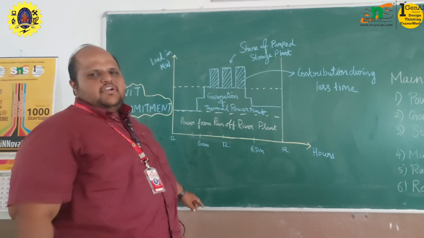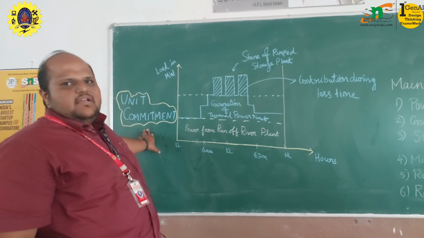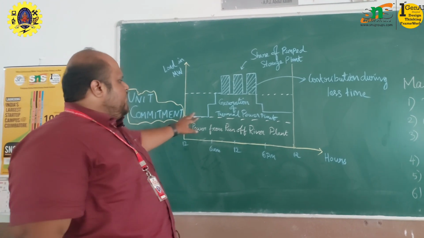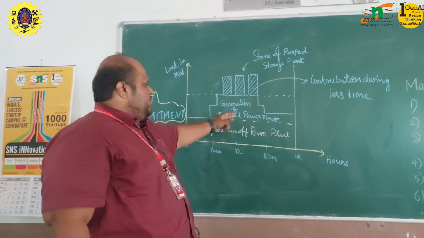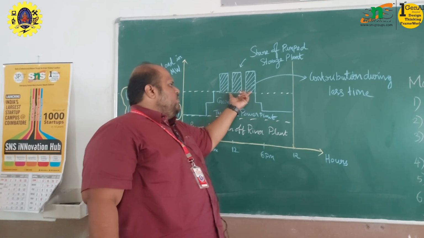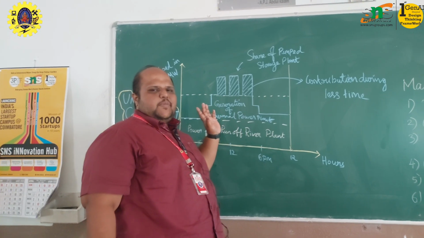So what this unit commitment tells is which type of power plant to be used at which time. Obviously the low cost power plant is used all the time, the medium cost power plant for a short time, and the very high cost power plant for very rare times. So this is what unit commitment tells.